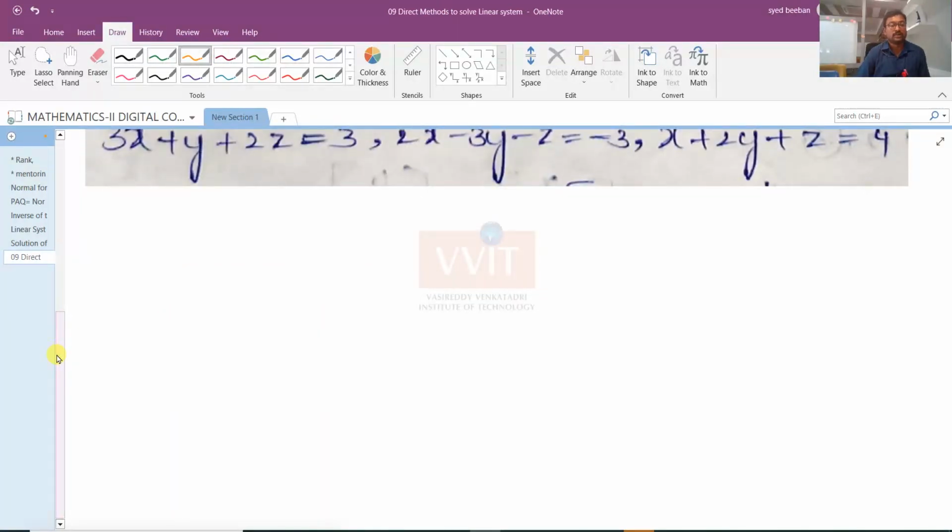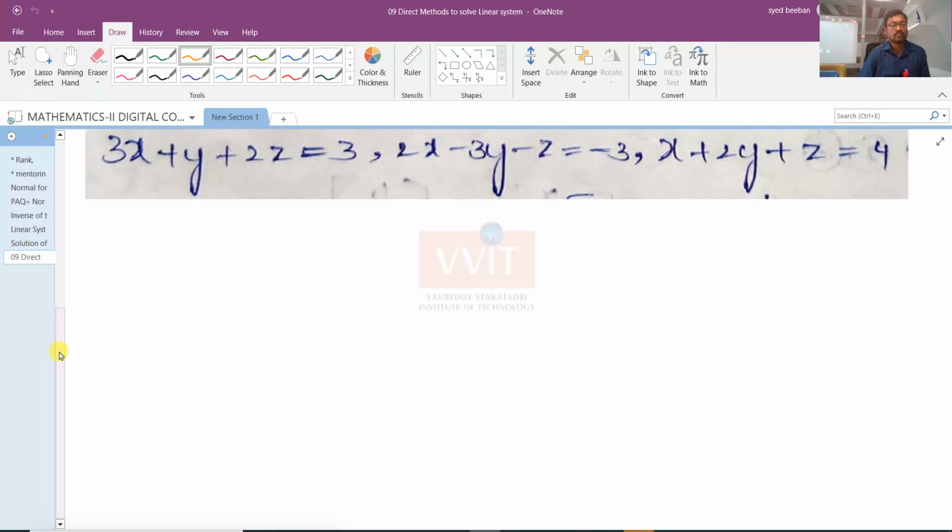Here I am writing the augmented matrix. Generally I denote it with C equals 3, 1, 2, 3; 2, minus 3, minus 1, minus 3; 1, 2, 1, 4.